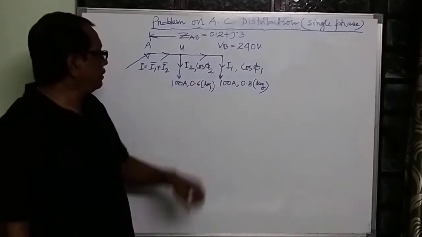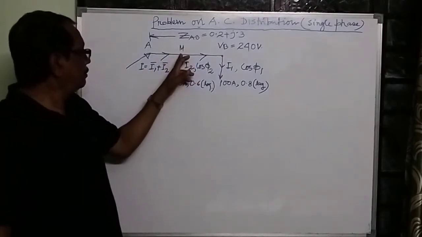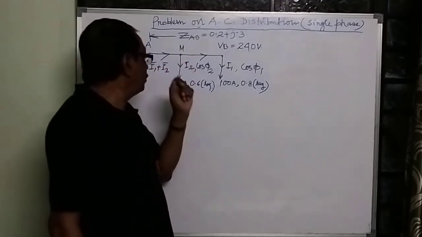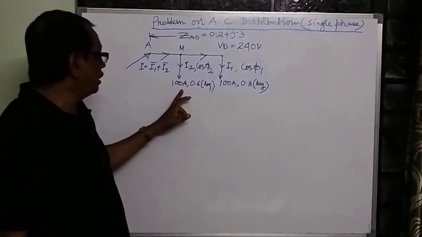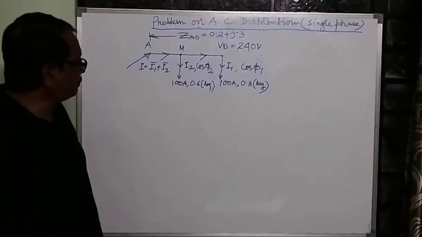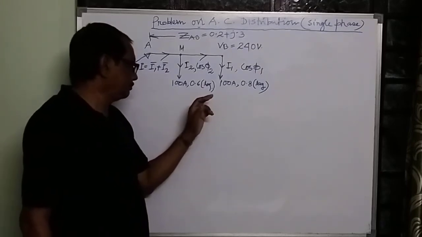Between A and B there is a midpoint M. Here the load is 100 ampere and its power factor is 0.6 lag.